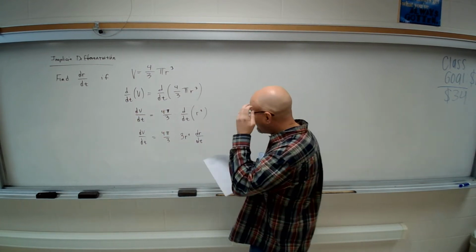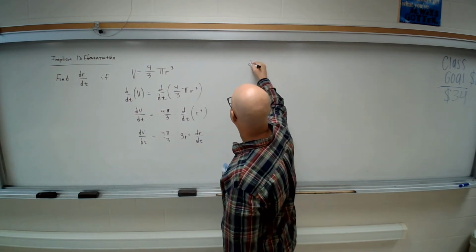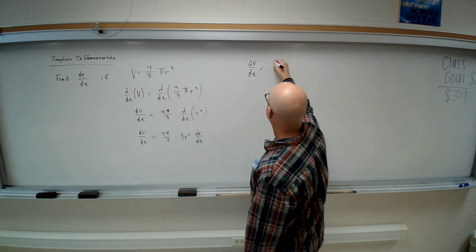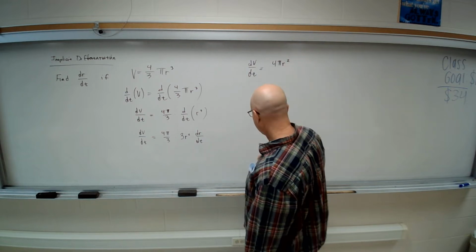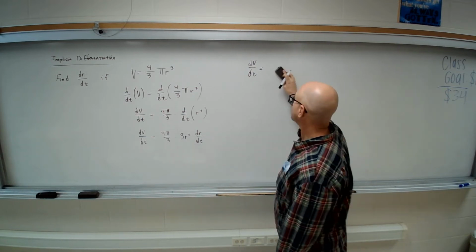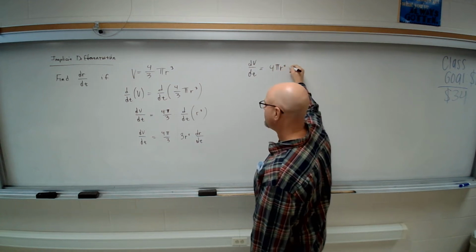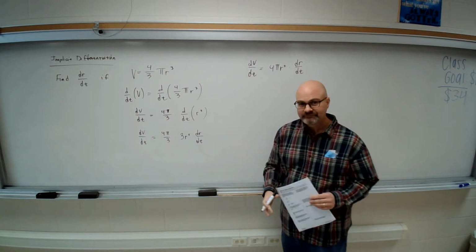But what I would recommend we do here is go ahead and multiply these two pieces together. So dV over dt equals 4 pi r squared. And the 3's cancel, correct? So we get 4 pi r squared times dr over dt.